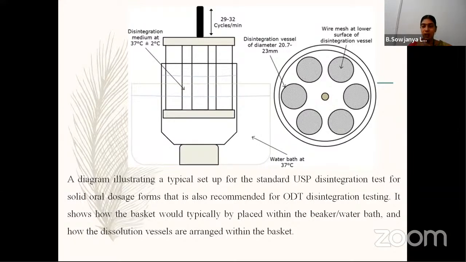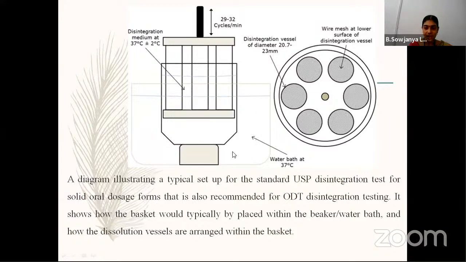Whenever the tablet comes in contact with the solution, it starts breaking into smaller particles, so disintegration starts. The disintegration medium is at 37 degrees plus or minus 2 degrees variation, in a water bath at 37 degrees temperature.